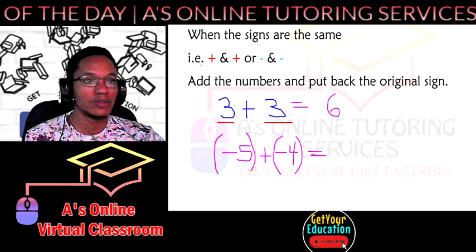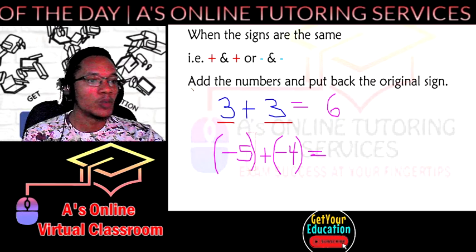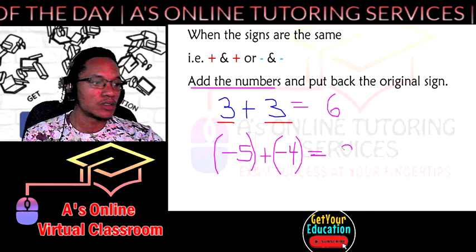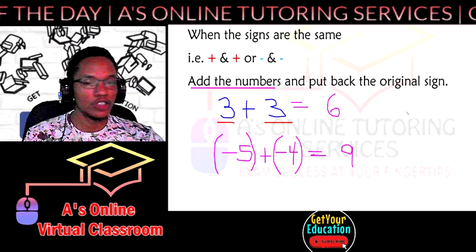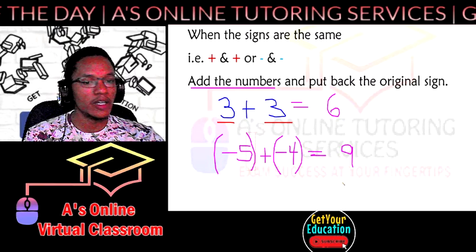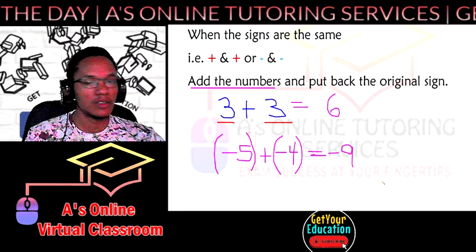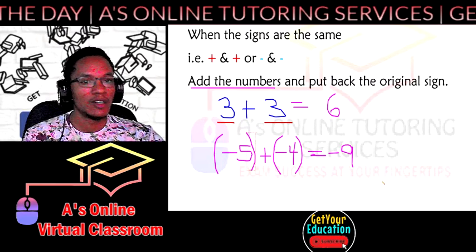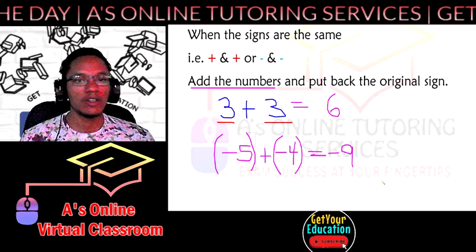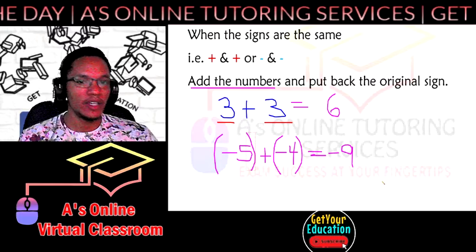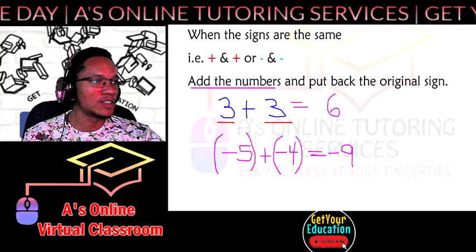They're both negative. So what do we do? We add the numbers: 5 plus 4 is 9. And then we put back the original sign. They both had negative signs, so we put back the negative sign. So when the signs are the same, you add the numbers and put back the original sign. It works for any integers like that.